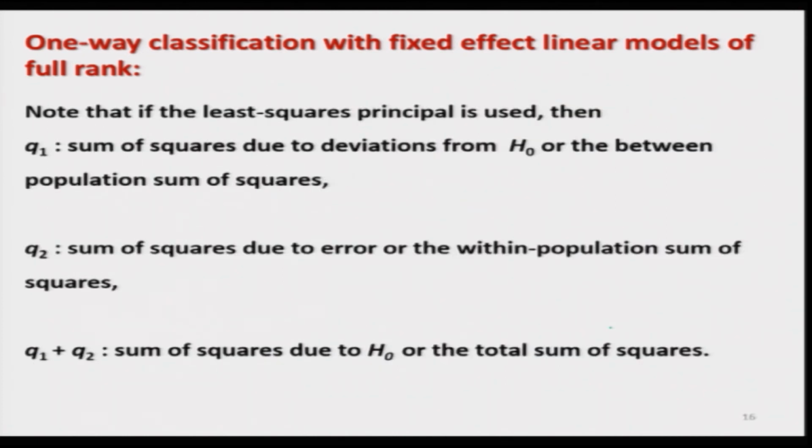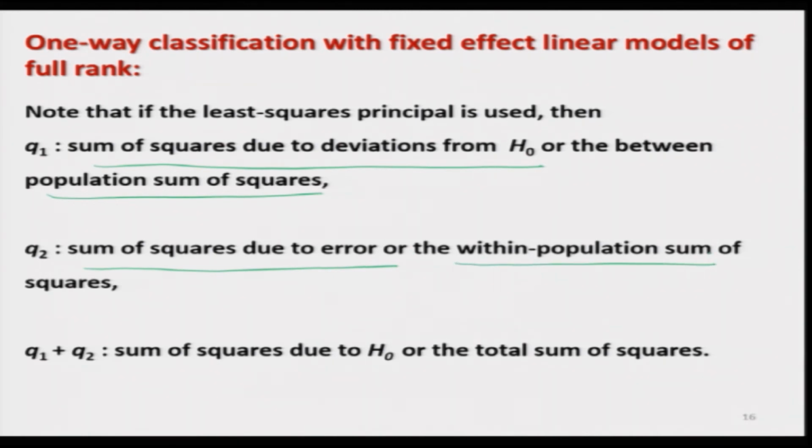But before I try to do that, let me give you some knowledge that this methodology, which is giving us two functions q1 and q2 using the least square principle, gives them a particular interpretation. q1 is the sum of squares due to deviation from isonot, or the between populations sum of squares, and q2 will be called the sum of squares due to error, or the within population sum of squares.